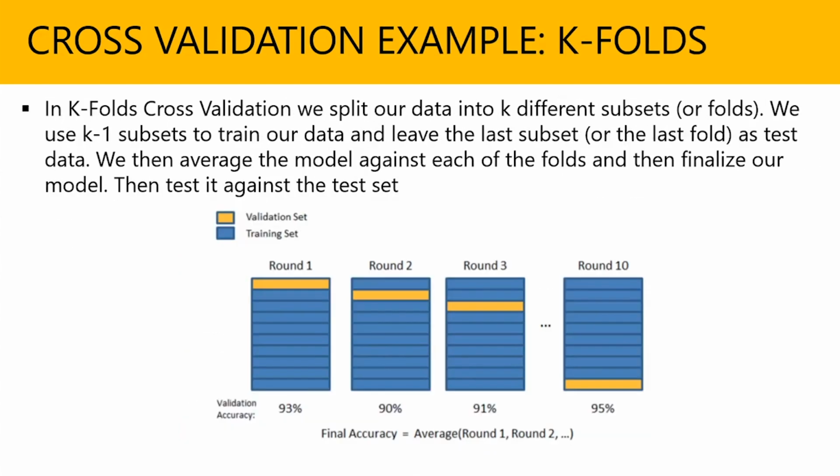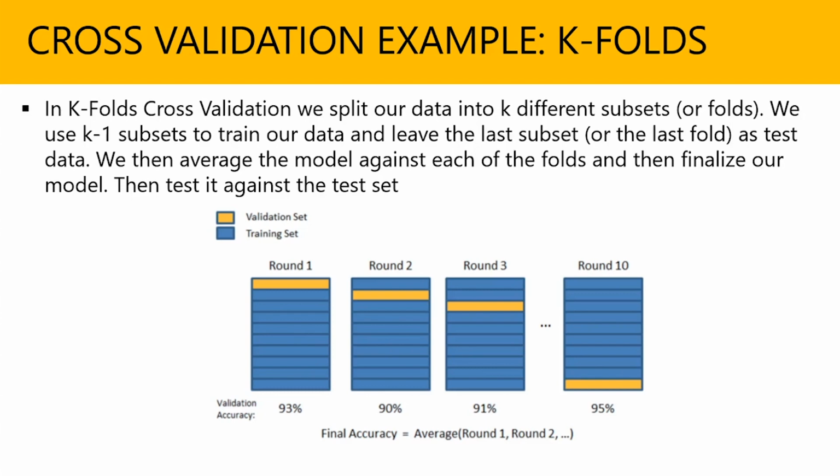How do we cross-validate? One of the methods we can use is called k-folds. In k-folds cross-validation, you simply split your data into, let's say, k different subsets, or folds. Then you use k-1 subsets to train the model and leave the last subset as test data.